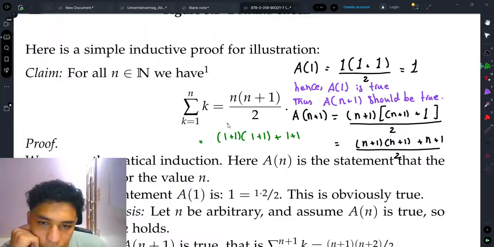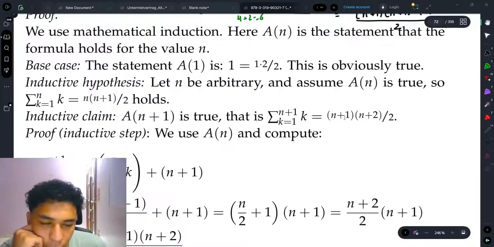So basically 2 plus 2, 4 plus 2 equals 6, and then divided by 2 is gonna equal 3.